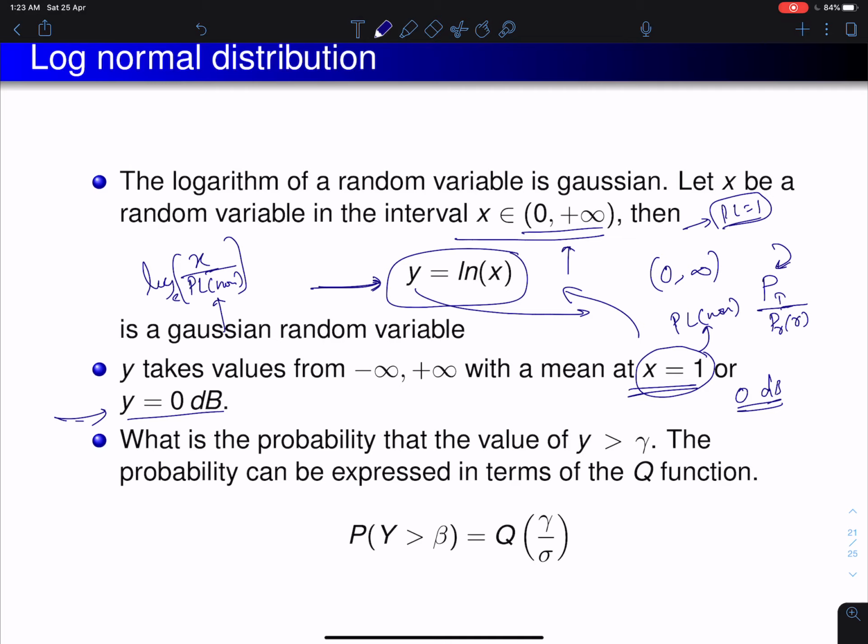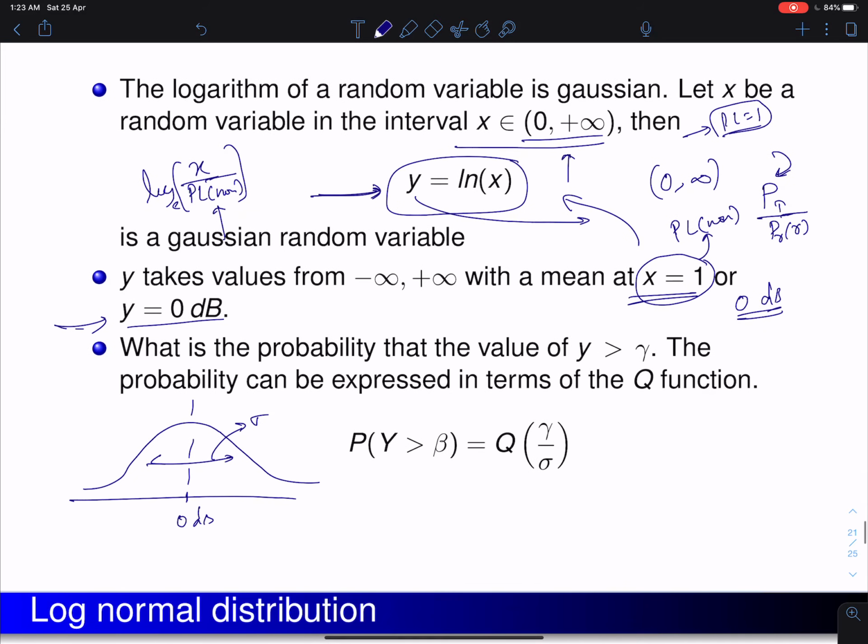Now once we know that y is a Gaussian random variable, y will be a Gaussian random variable with a mean of 0 decibels and variance of sigma. Now if I ask you what is the probability that the received power is greater than a certain gamma here.